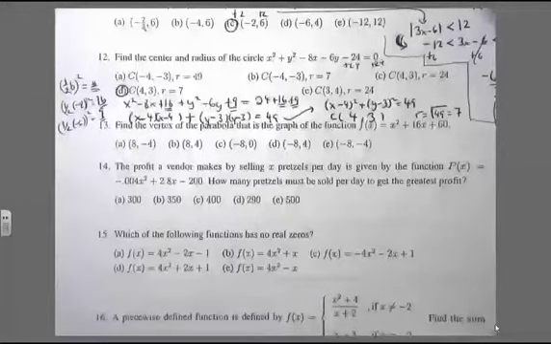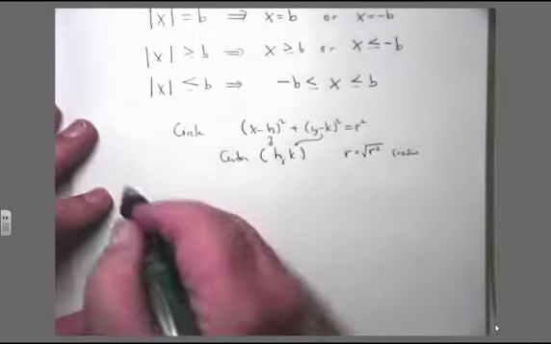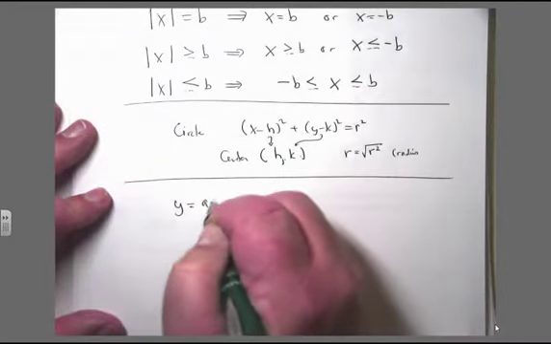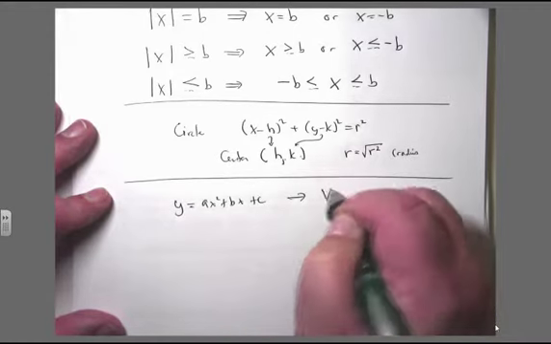Number 13 says this. Find the vertex of the parabola of the graph of the function f of x equals x squared plus 16x plus 60. If you have a quadratic equation, y equals ax squared plus bx plus c, what's the formula for the vertex?